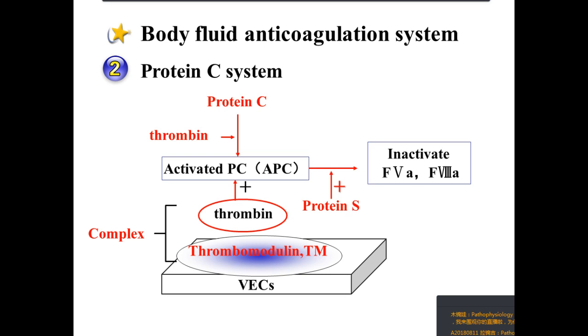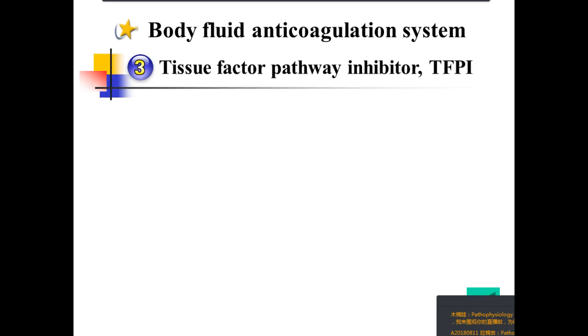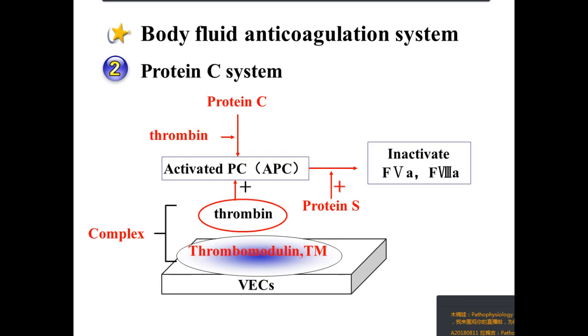Next is tissue factor pathway inhibitor. We know Tm is released by VEC, so if VEC is damaged, the released Tm will decrease, so anticoagulation function decreases.